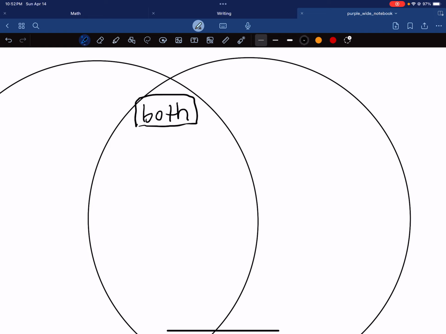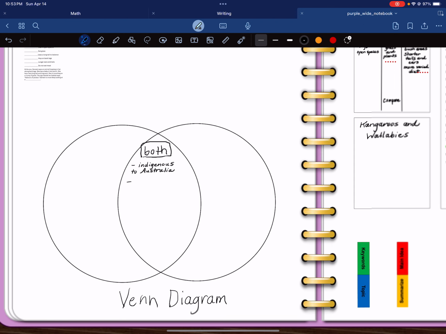Indigenous means that they are naturally found there, and that is true of both the kangaroo and the wallaby. It told us that both eat plants and grass. So they're herbivores.